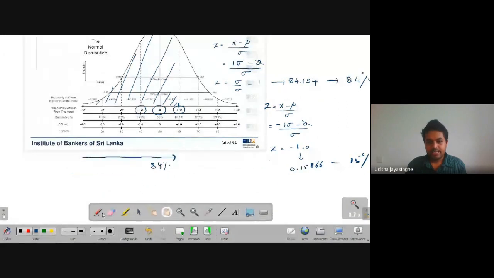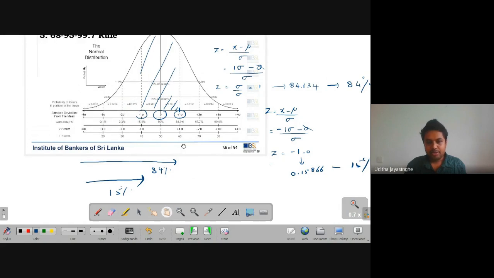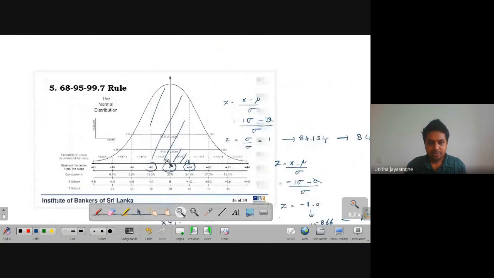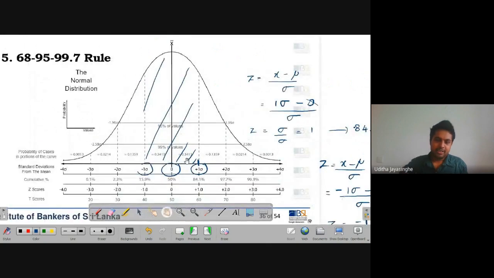On the other hand, this particular range has given me 15%. So if I slowly erase this part, eventually what am I going to be left with? This is the area under the curve for this particular 68%.